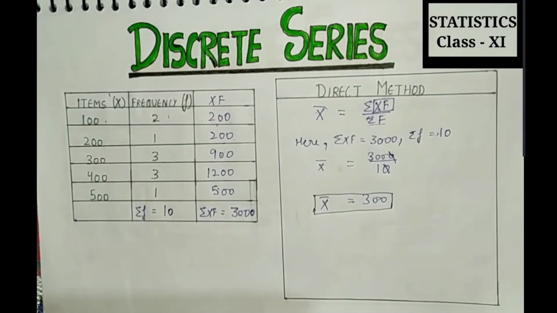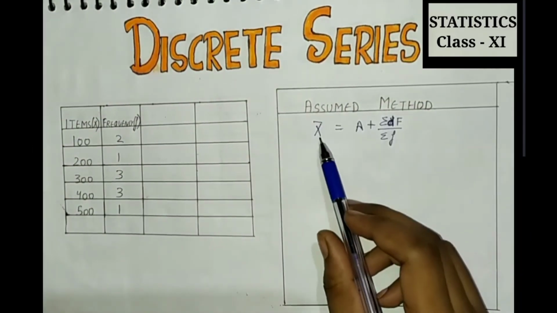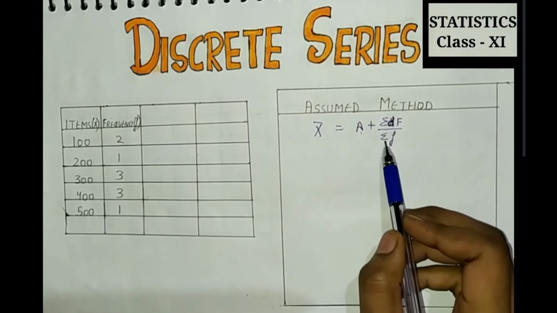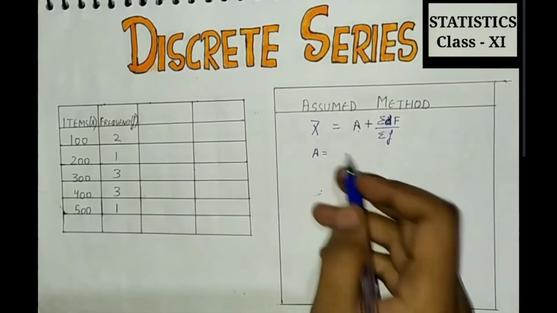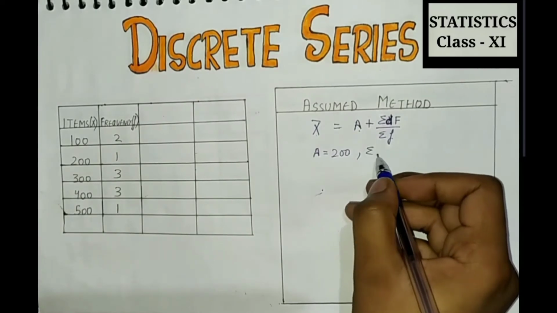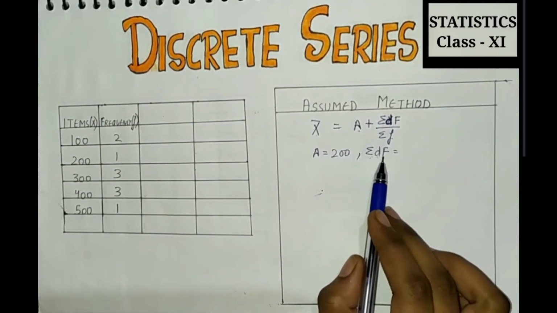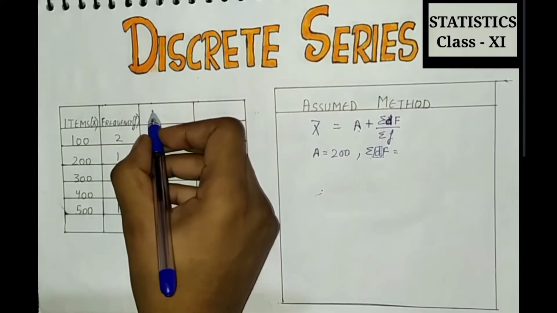Moving to the next method, the assumed mean method. The formula for the assumed mean method is mean is equal to A plus sigma df upon sigma f. A is the assumed mean. I take assumed, for example, as 200. For calculating sigma df, first of all we have to calculate d. So the next column is deviation.